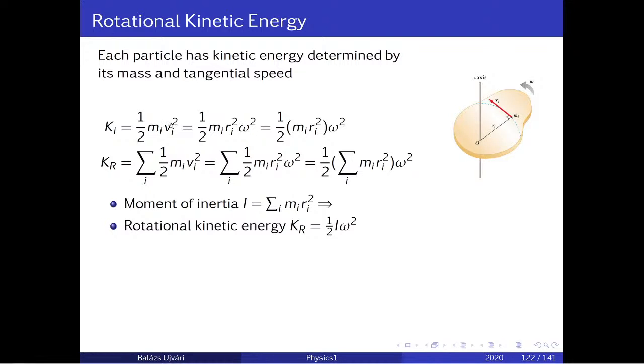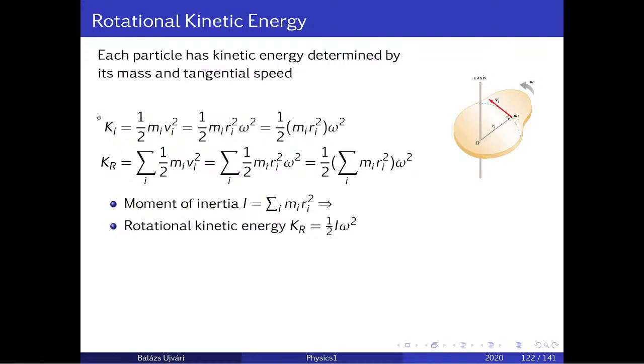But if we replace the vi with ri omega, this term, this mi times ri square, this is the moment of inertia. This is something important for a rotating body, not only the mass, but also with this ri, it's more or less the shape of the body, the density of the body, and so on.